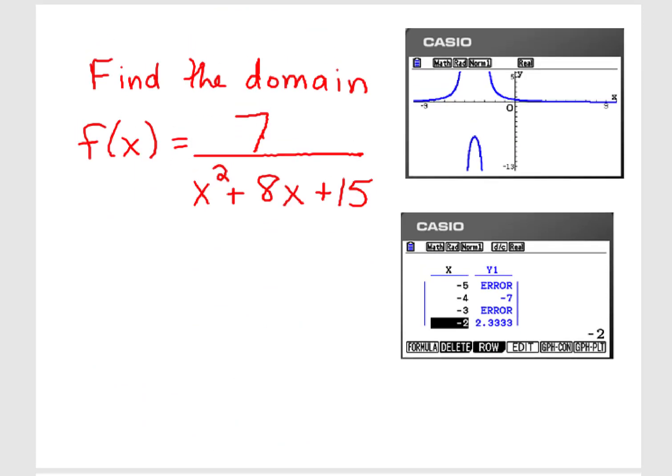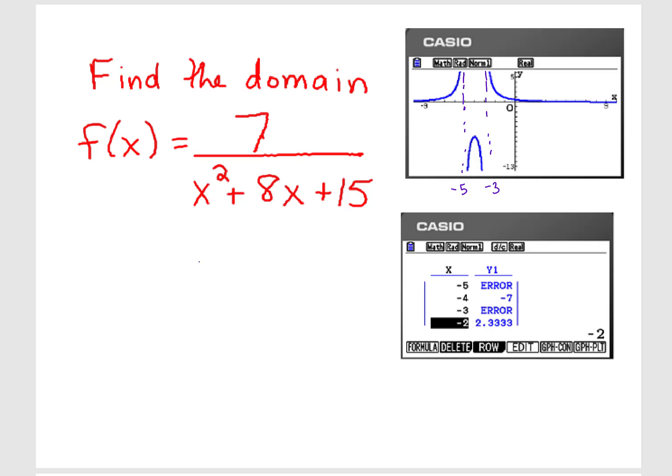Okay? So again, we would graph this. For time's sake, I'm not going to graph it again since we have the picture here and the table. If you're like, hold on, how did we do that again? Please just go back to that last slide where I actually went in and showed you. So we get this. Looking at my graph, just from the naked eye, it looks like I'm at x equals negative 3, and x equals negative 5.